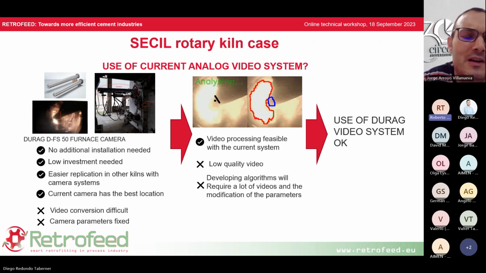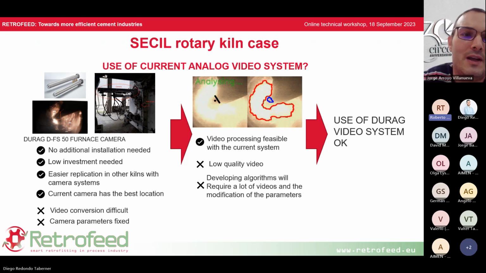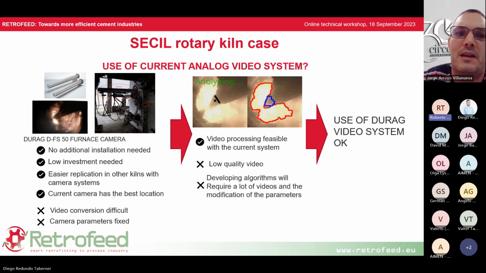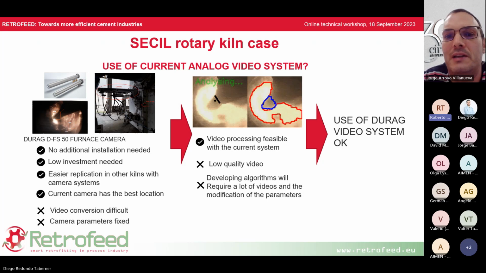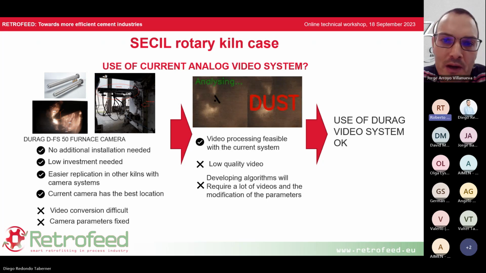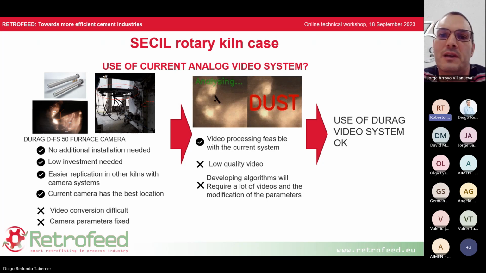On the other hand, the video conversion was difficult, and one important point was that the camera parameters were fixed. So we couldn't change important parameters for video processing, like the exposure time, brightness, etc. We recorded some videos, and we realized that the processing was feasible with the current video system.